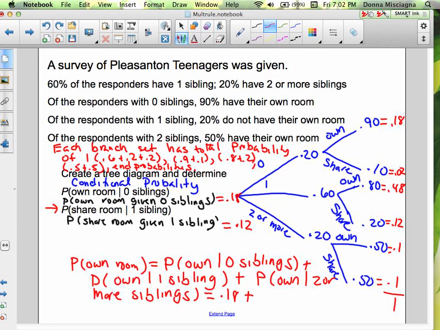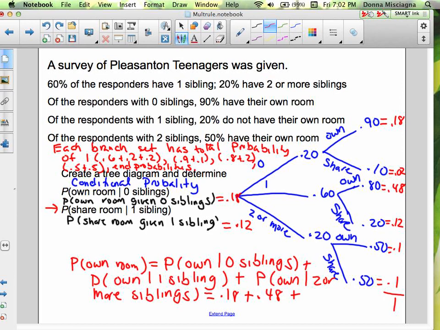Okay, so now the probability of own room given 1 sibling, that would be 0.48 because we'd go down the branch that has for 1 sibling, and then continue across the branch that's for the own room. And we multiply those two probabilities together, which we've already done, which is 0.48. And then finally, we go across the last branch, the 2 or more, and then we head down the own room, although it's the same thing for either one of them because it was 50-50.